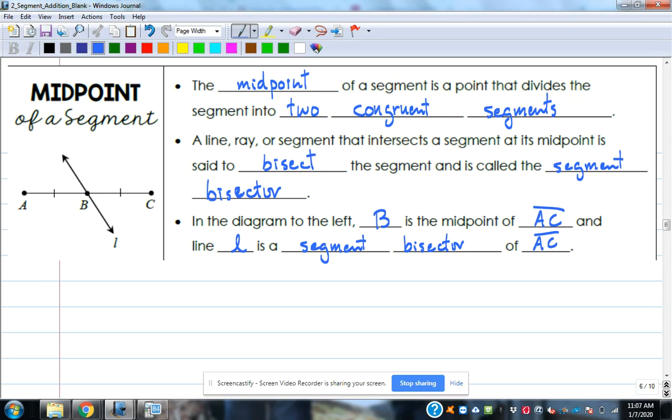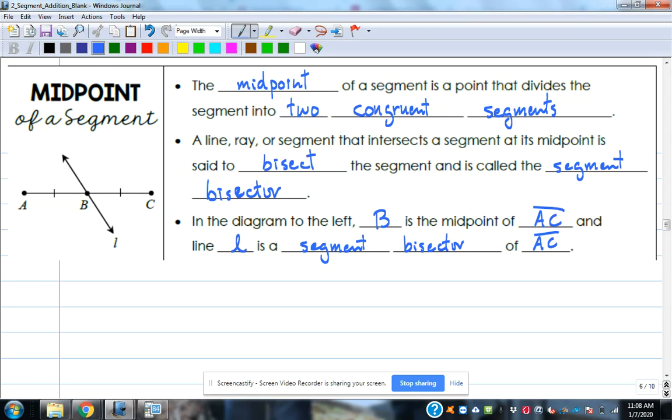Now, notation-wise, look at the picture. You've got these little lines in each segment. That's not a copy problem or anything like that. That's notation for congruent segments. Segment AB is congruent to segment BC, and they put those little lines in the picture. If there were more segments in there and different segments were congruent to each other, they might use 2 lines to pair those up, or 3 lines to pair up another pair.